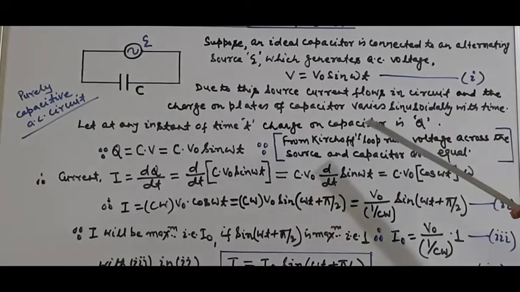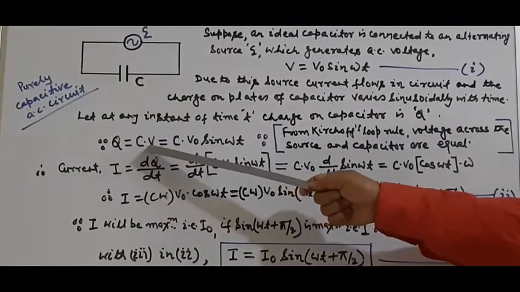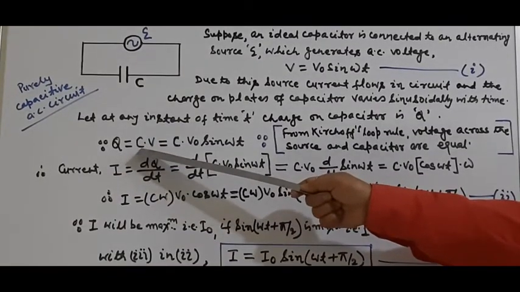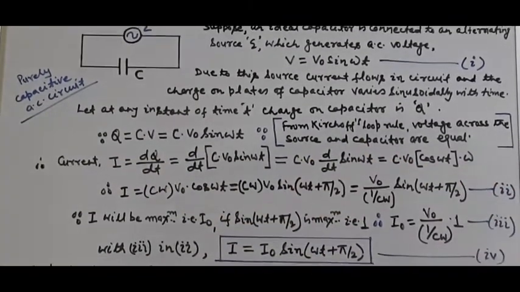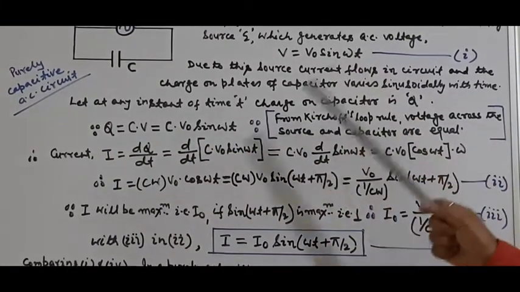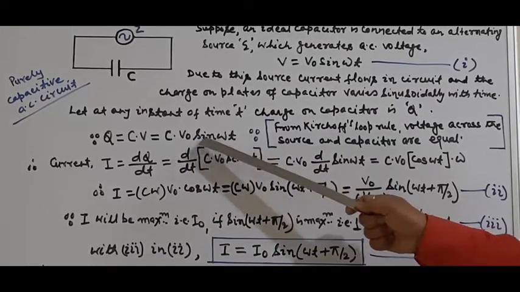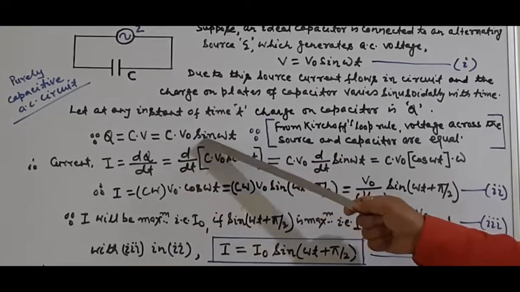We know that Q is equal to C into V, where C is the capacitance. In place of V, I have written V naught sine omega t from equation 1.